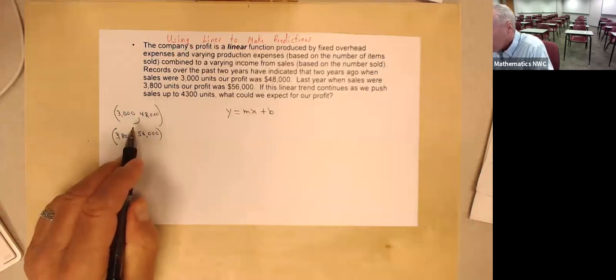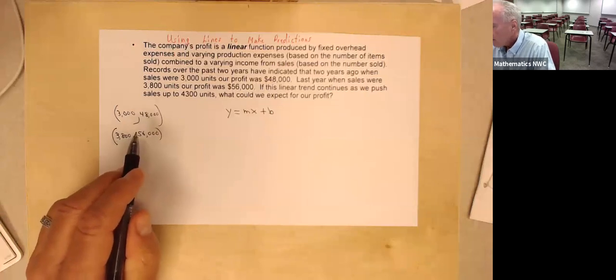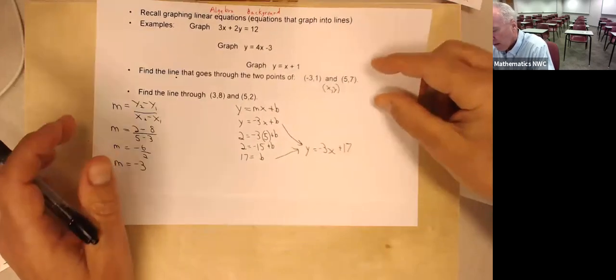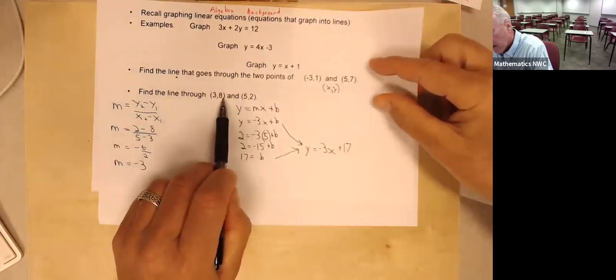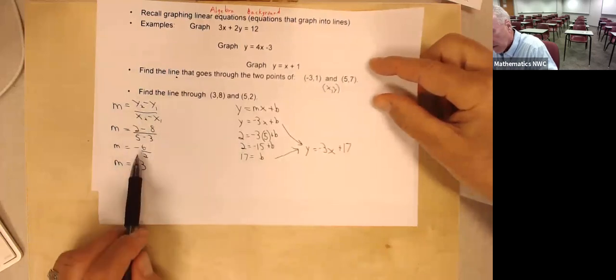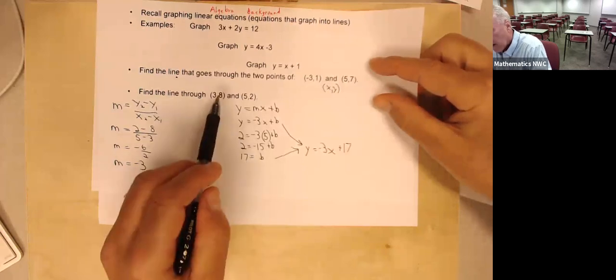We can think of these as ordered pairs. Then, to do this problem, it's no different than what you had earlier when I had two ordered pairs like this, and I had to find the line. Remember, we used the slope, and we plugged in a point. That's really what I've got to do in the problem here.